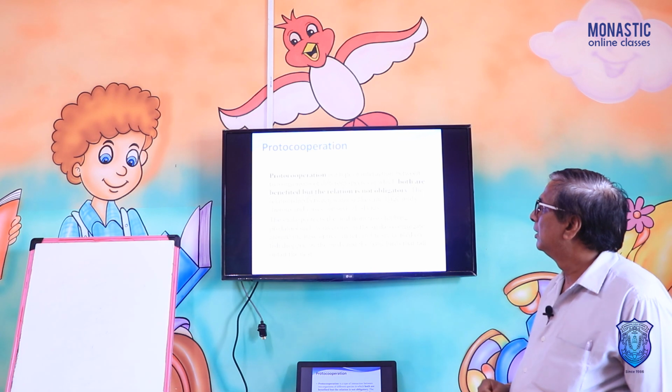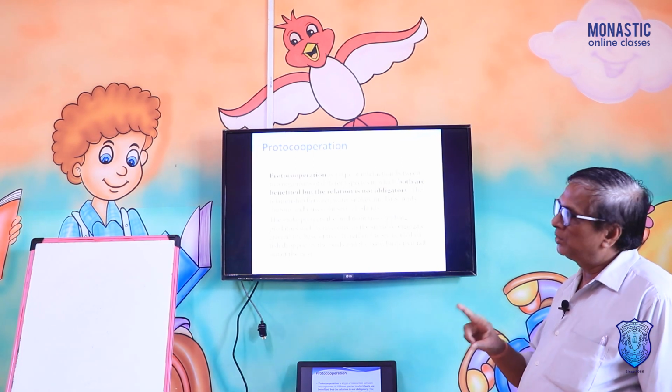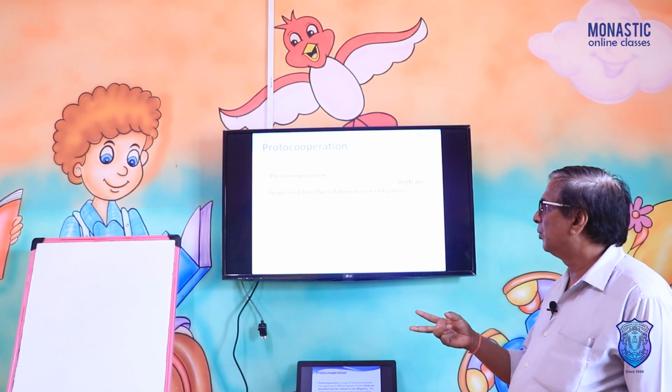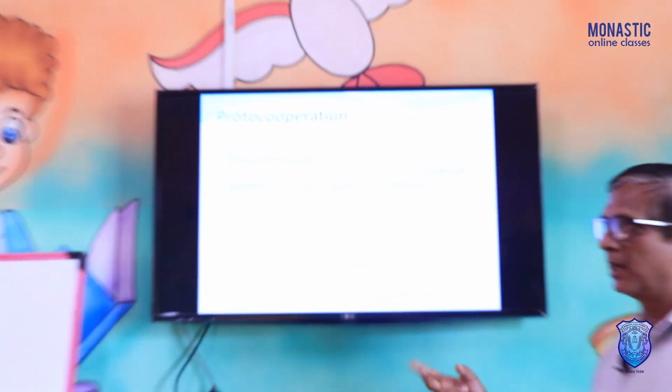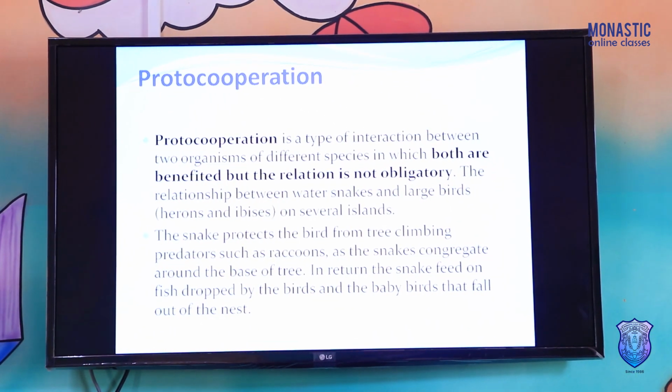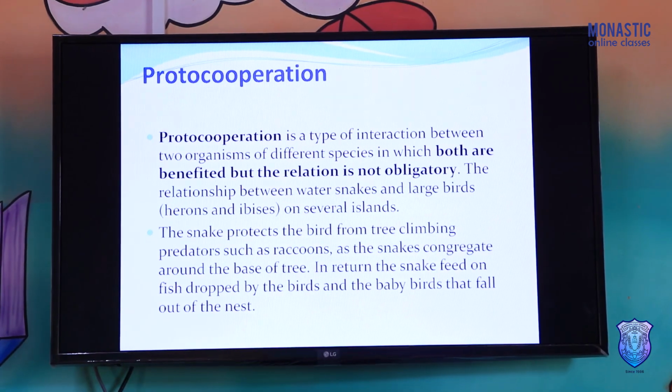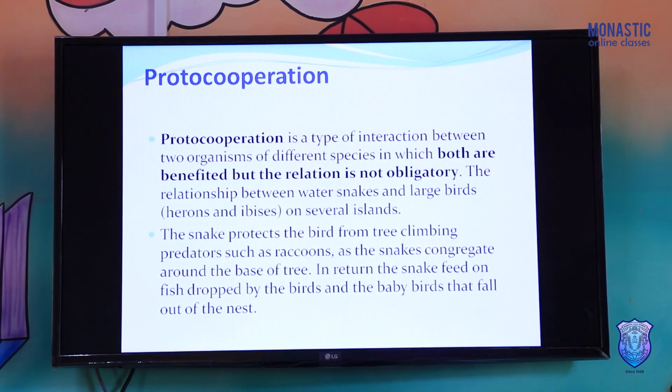But here in Proto Cooperation, both the partners are benefited, but it is not obligatory, meaning the life of one organism cannot be completely dependent on another.